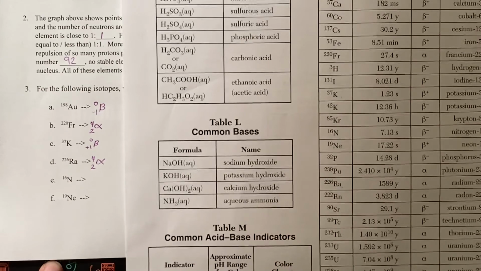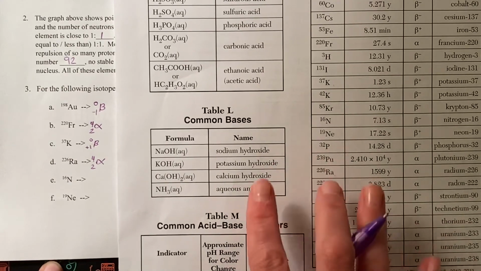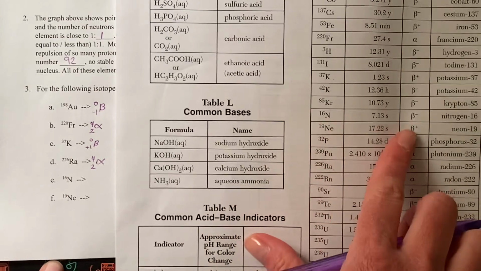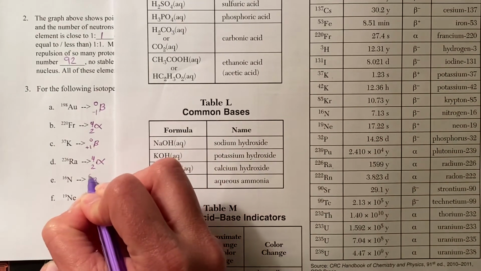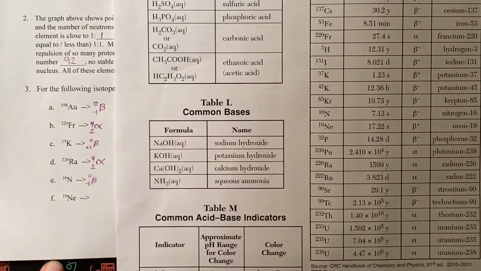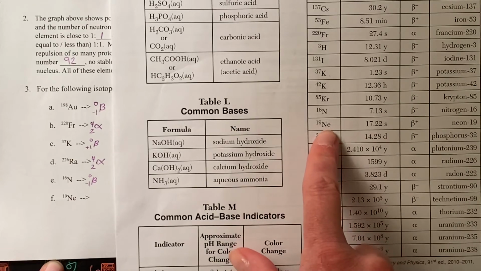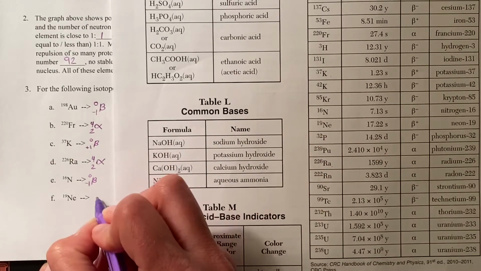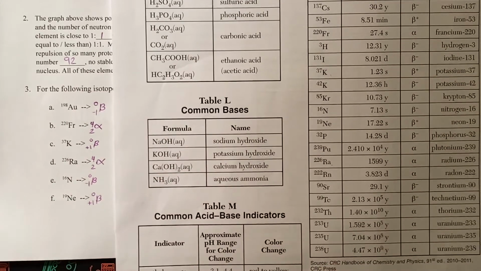Next we have nitrogen 16. Nitrogen 16 is going to go through beta decay. So I'll put the beta symbol, mass of 0, charge of -1. And finally, neon 19 is a positron. So mass of 0, +1 charge.